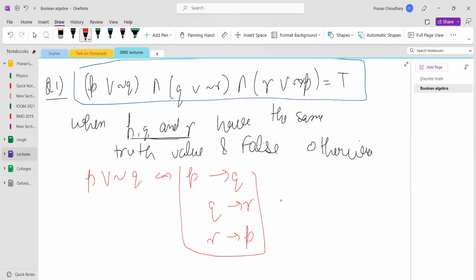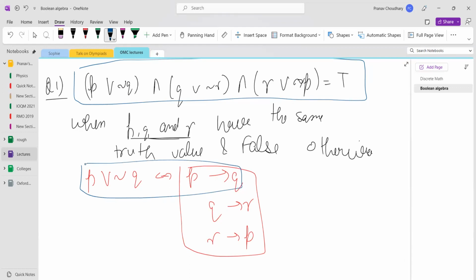Otherwise, if one of them is different, at least one of the statements should be false, and we are done. Yeah, okay, that works. That's the easiest way of proving it. I get your proof, but I think you can probably do it without using this as well.